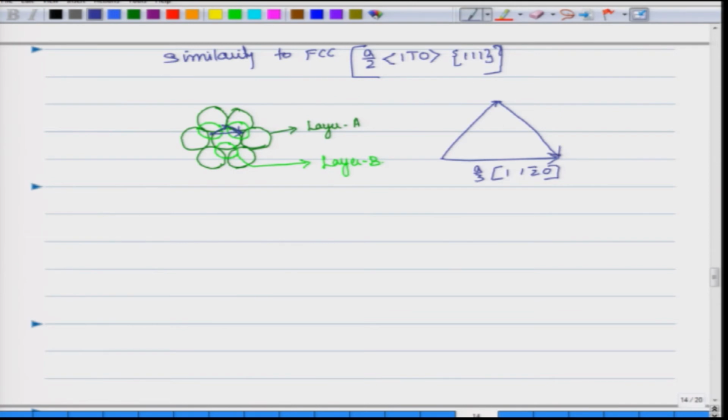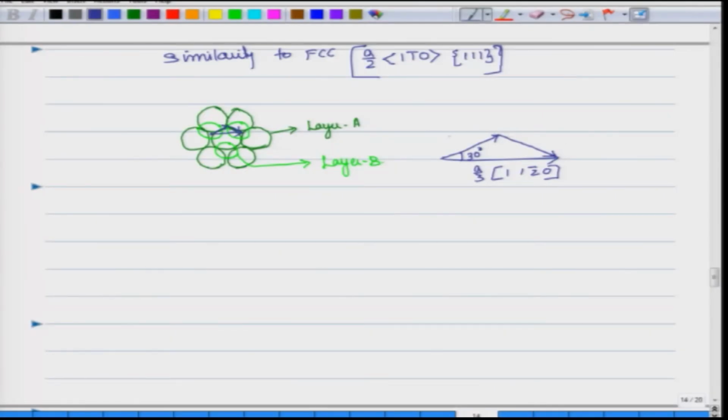breaks into two partials, and let me draw it more accurately, because like I said, this should be exactly the same, and therefore, it should be a 30-degree angle. In the FCC also we get it at 30 degrees, here also we get it at 30 degrees for those partials, because you can see the plane is similar. At this level of plane, it will look exactly the same.